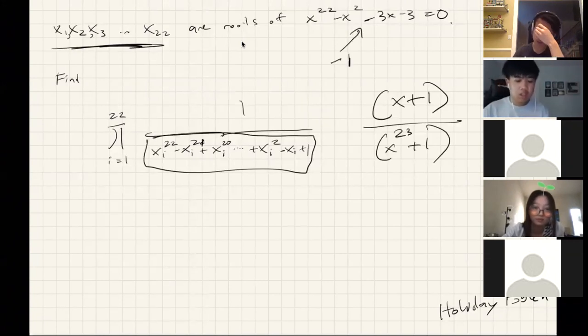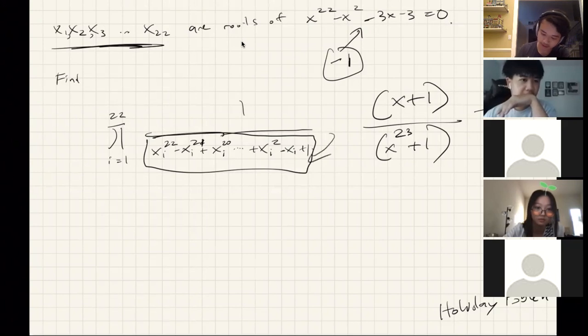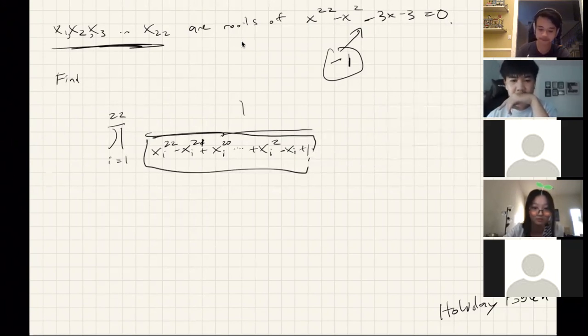So things don't work out as well as you might think, because if it's -1, you just have 0 over 0, which doesn't work if you factor the denominator like that. So this problem is a little bit annoying in that regard.